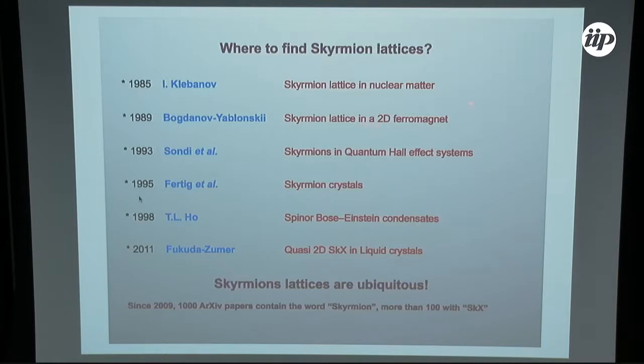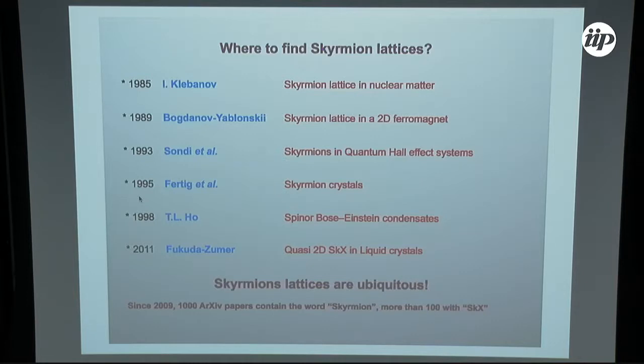Then, more to the point of what I am going to discuss today, there is a very important original paper by Bogdanov and Jablonski in 1989, where they studied a 2-dimensional ferromagnet with some extra symmetry breaking terms, in particular inversion symmetry breaking terms like Dzyaloshinskii-Moriya. They were the first to show that in some Landau-Ginzburg description, these Skyrmion lattices could be the ground state of the system in some region.